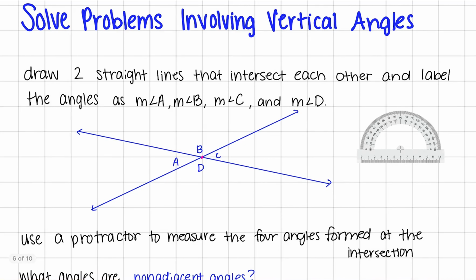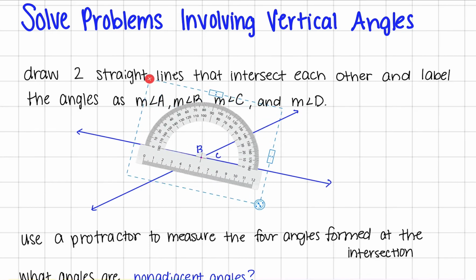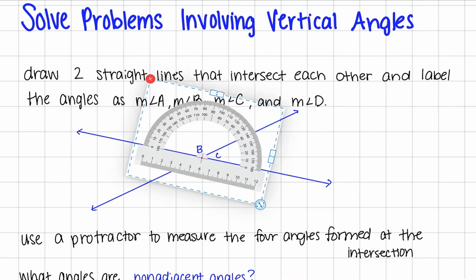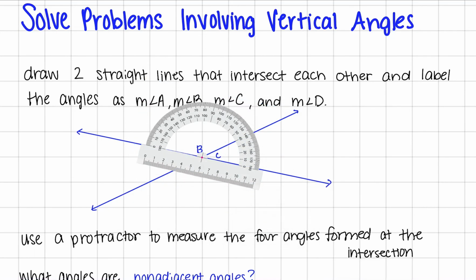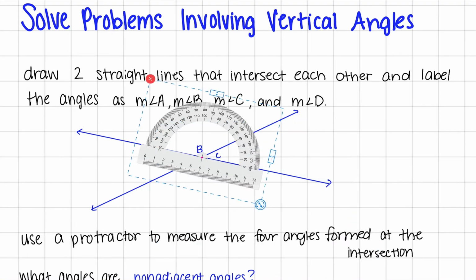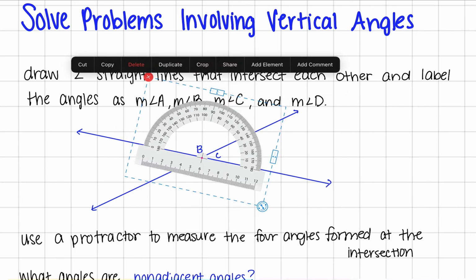We are going to use a protractor to measure the four angles formed at the intersection. So grab your protractor, and remember, you line up your baseline. So we line it up as close as we can get it.